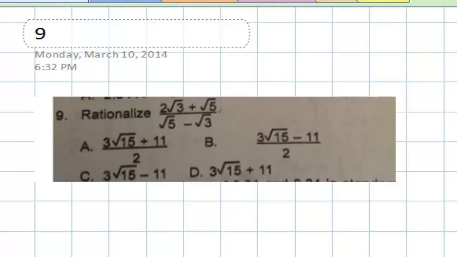So here we have question 9, and it says rationalize 2 root 3 plus root 5 over root 5 minus root 3. What you want to remember is that you're not allowed to have square roots on the bottom of fractions. That's not just some arbitrary rule.